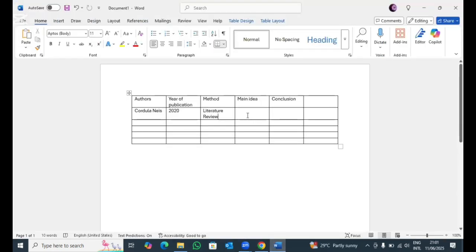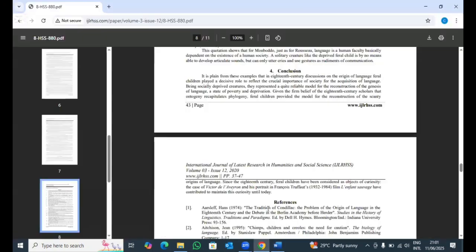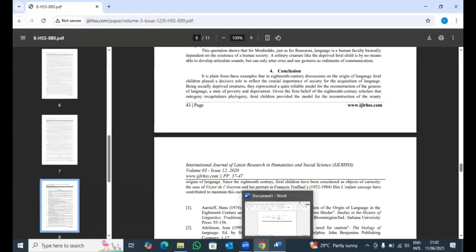So for me, if I was to write this, I would say the paper considers the origin of language, the role of feral children.